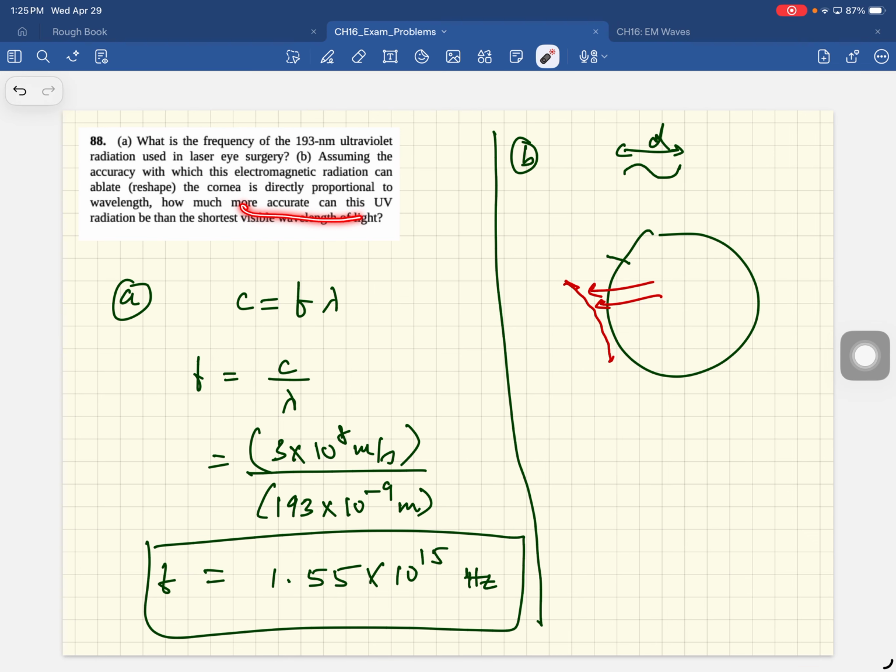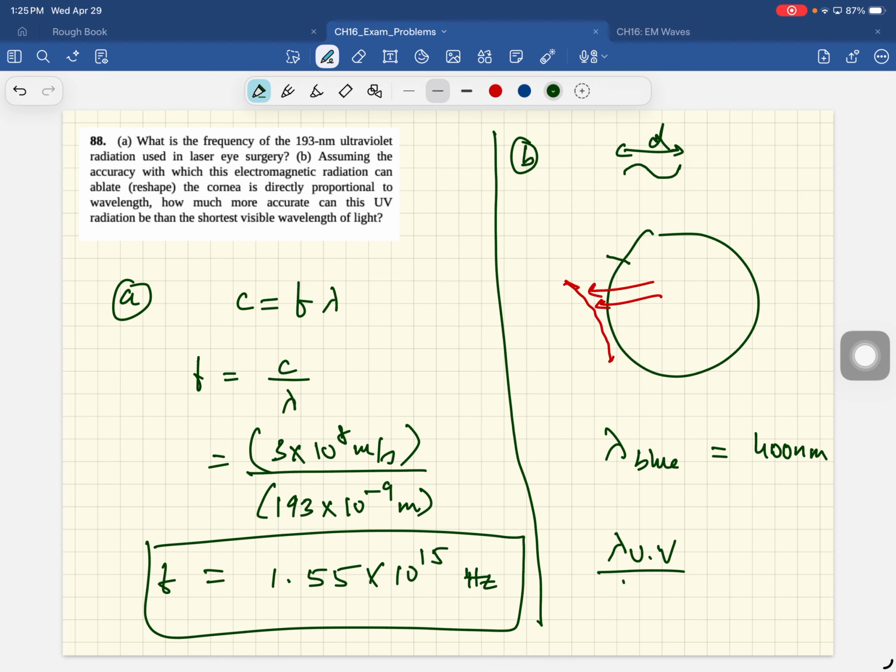How much more accurate can this UV radiation be than the shortest visible wavelength of light? Okay, so the shortest visible wavelength of light is blue light, and that has a wavelength of 400 nanometers. Okay, so the UV radiation divided by blue light is 193 nanometers divided by 400 nanometers.